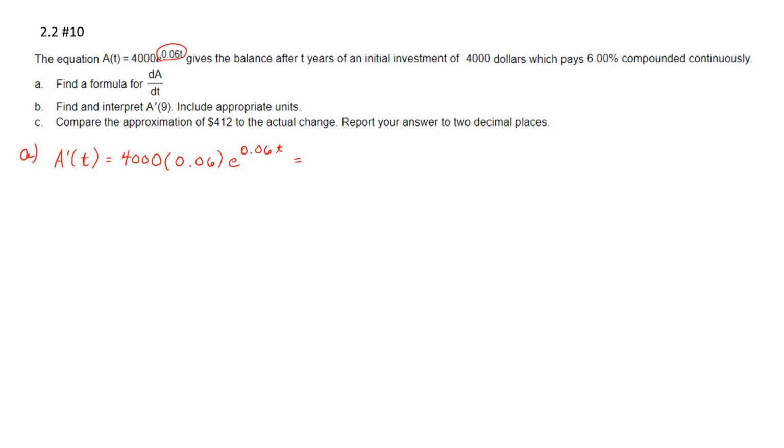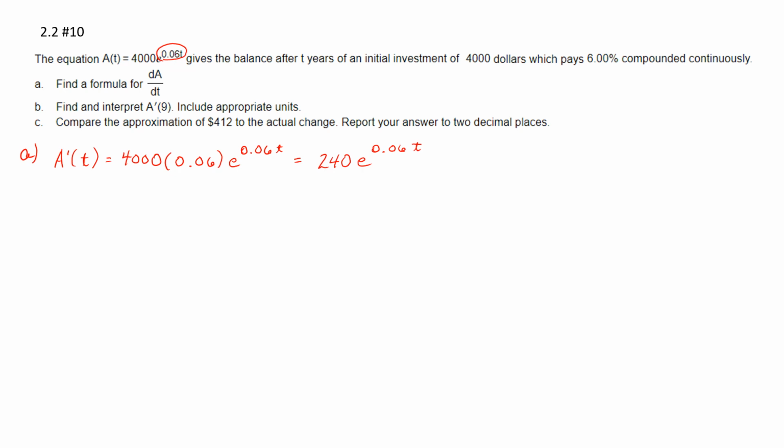So 4,000 times 0.06 will give us 240 e to the 0.06 t.